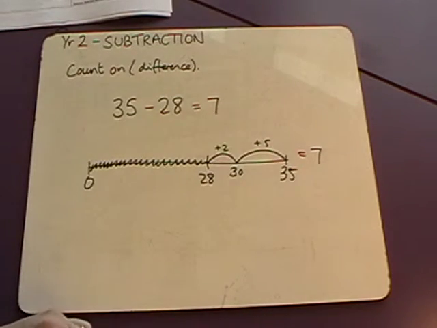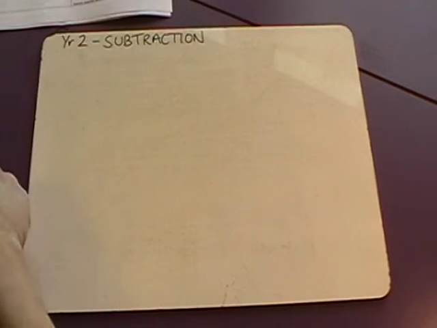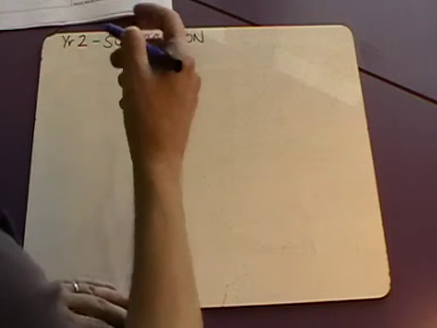And that's how we would teach subtraction in year 2. Towards the end of year 2 we might start to show that in columns, ready for year 3.